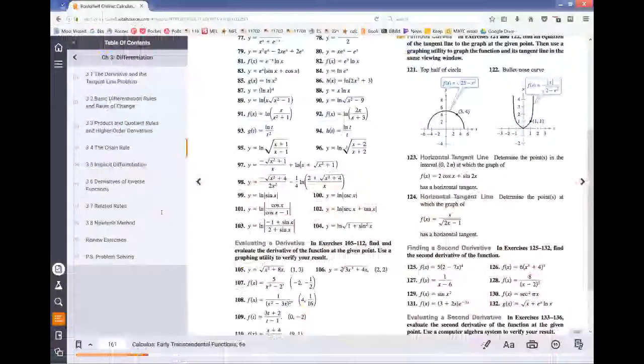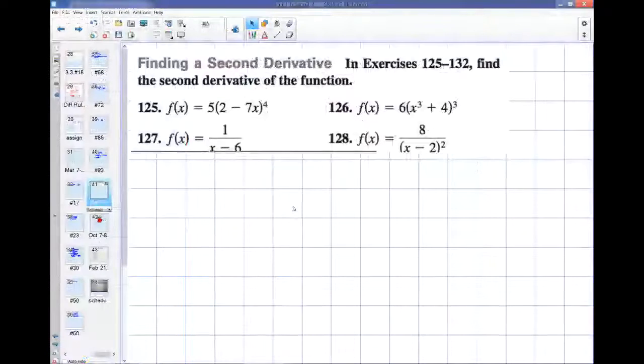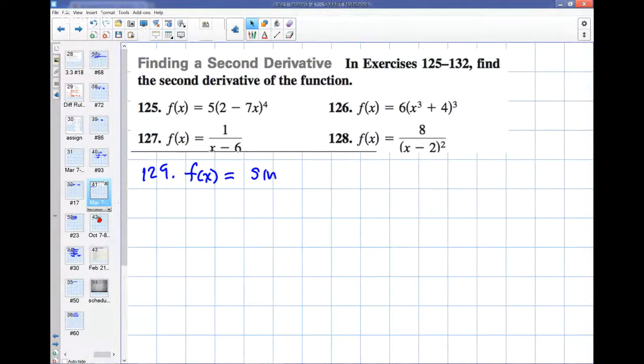Sine of x squared. All right, 129: f of x equals the sine of x squared. And you know that means this, Damon. So first of all, if we're going to take the derivative, we know that the derivative of the sine is the cosine.